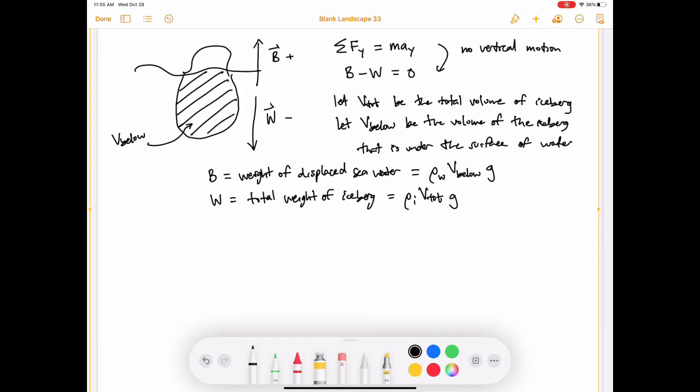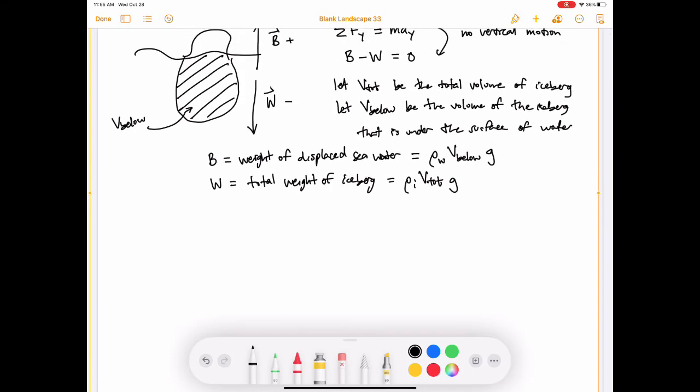So we have B minus W equals 0: density of water, V below, times g, minus density of ice, V total, times g, equals 0. Cancel out g, and what we have is density of water times V below equals density of ice times V total.